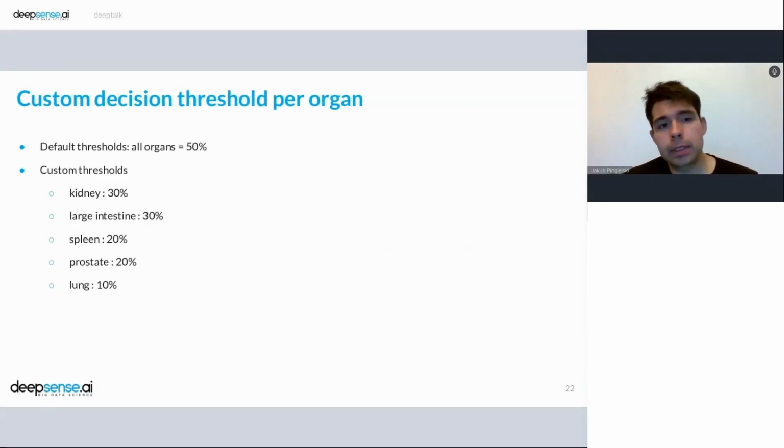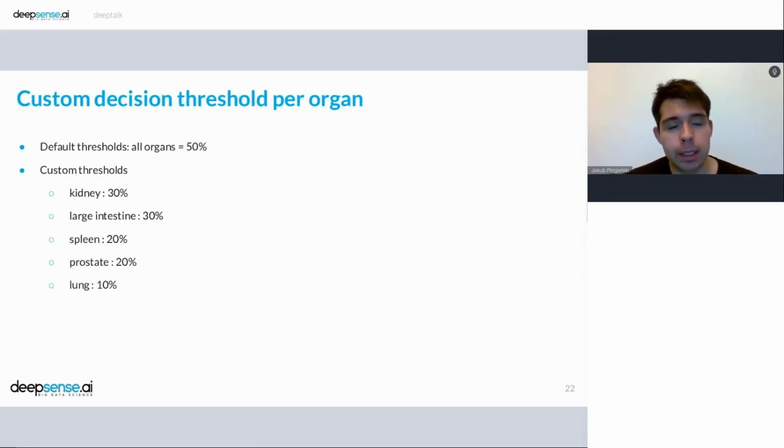Another thing that helped in this competition was tweaking decision thresholds for each organ. So by default, for all organs, if our model predicts a probability higher than 50% for a pixel, then we selected this pixel as FTU.